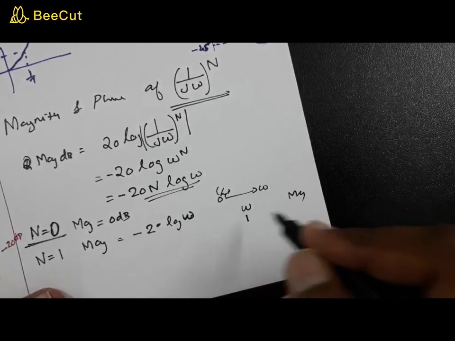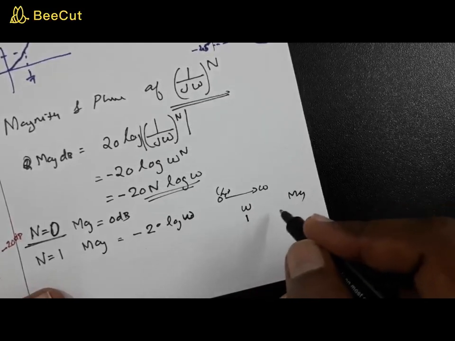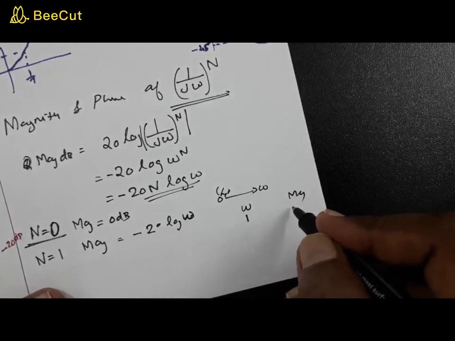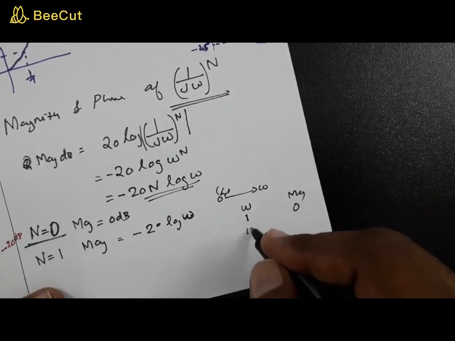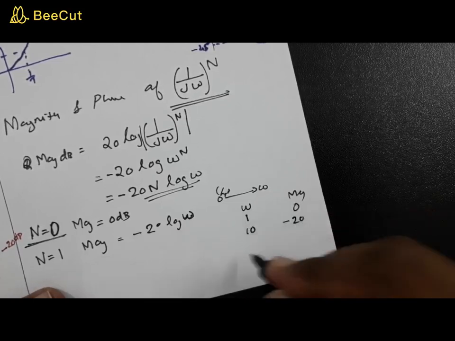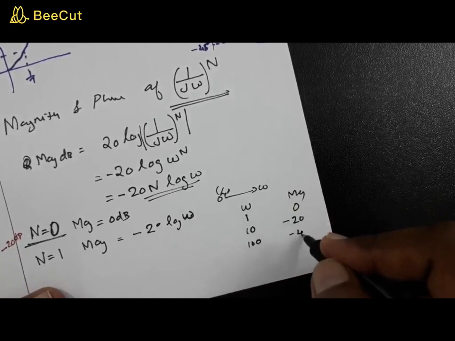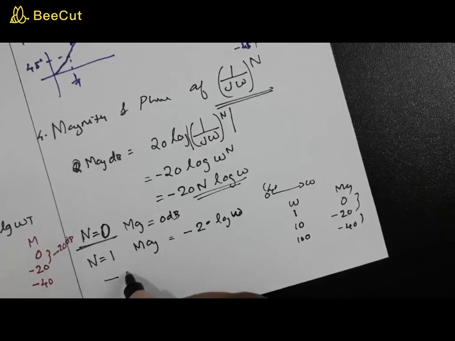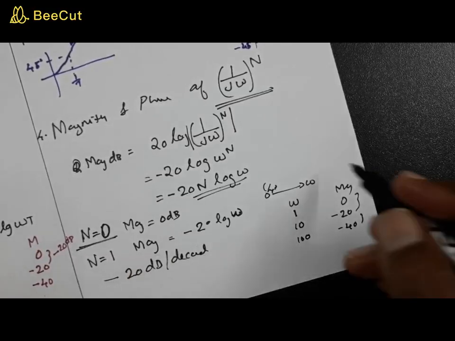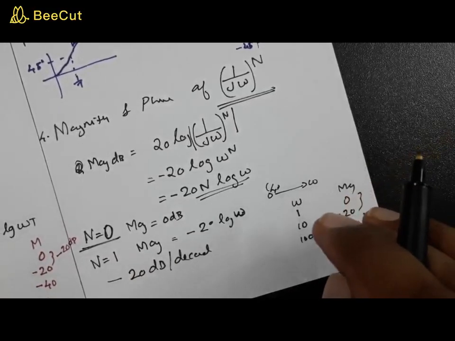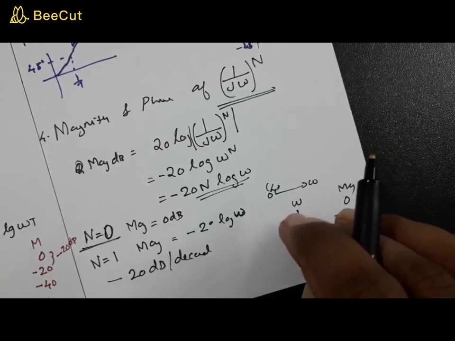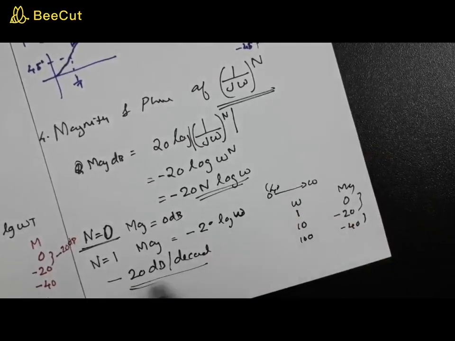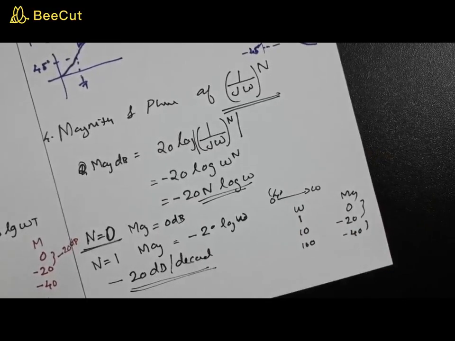At omega equal to 1, this is 0, and when omega is 10, this will be minus 20. When omega is 100, this will be minus 40. So what can you say about the change? This particular term offers a minus 20 dB per decade from the lowest frequency onwards.